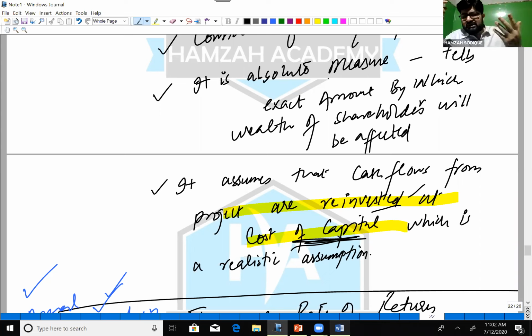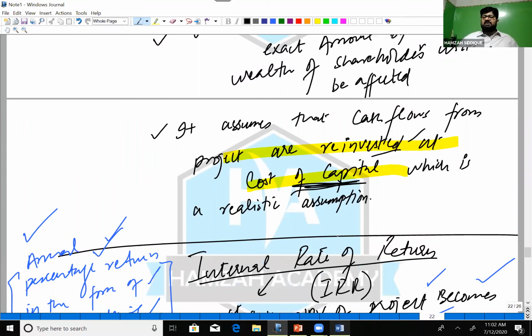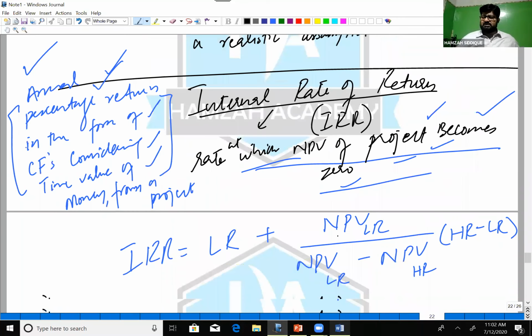So assumption by NPV is more realistic as compared to IRR. It is more realistic. Reinvestment assumption, we call it. So reinvestment assumption of IRR becomes wrong when IRR is too high as compared to cost of capital, which has realistic assumptions. Now, next.